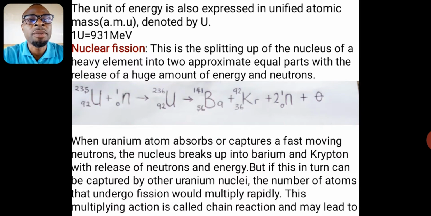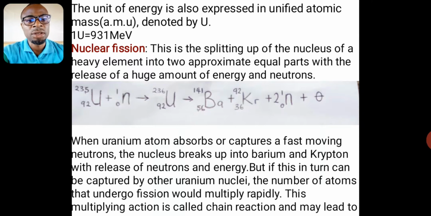An isotope of uranium is formed, which is uranium-236. This uranium-236 is unstable, and because it's unstable, it breaks up into 2 other elements, barium and krypton. Barium has a mass number of 141 and an atomic number of 56, while krypton has a mass number of 92, while the atomic number is 36.